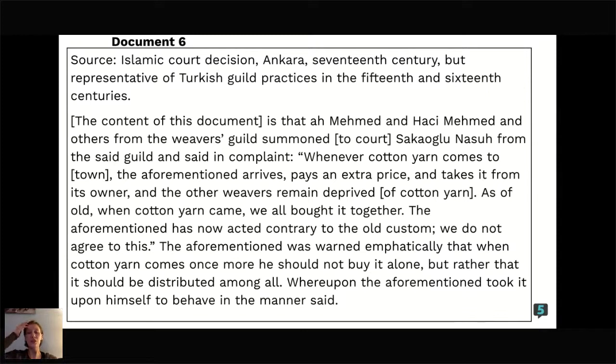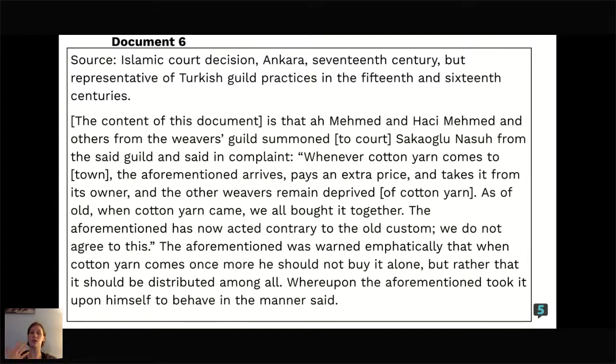All right. So in terms of sourcing, things that we might notice, I would want to acknowledge that this is taking place in Turkey, that we're thinking about Ankara and its location, but also it's telling us Turkish guild practices, 15th and 16th centuries. So we're in Ottoman-controlled Turkey.